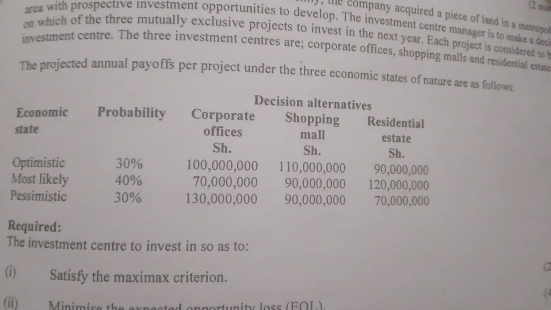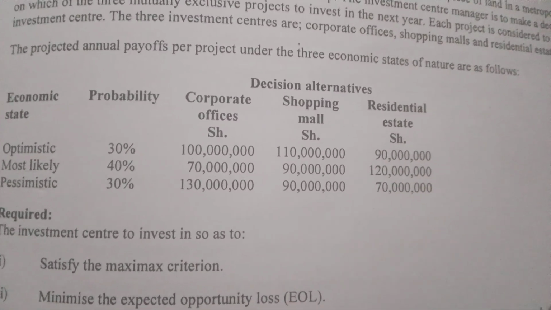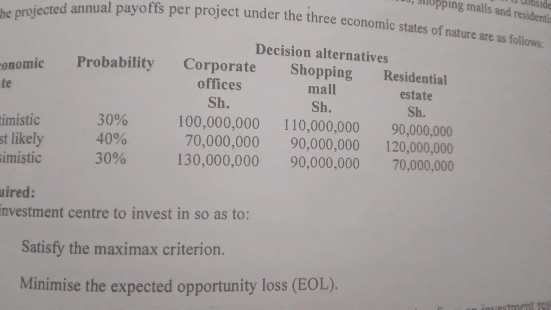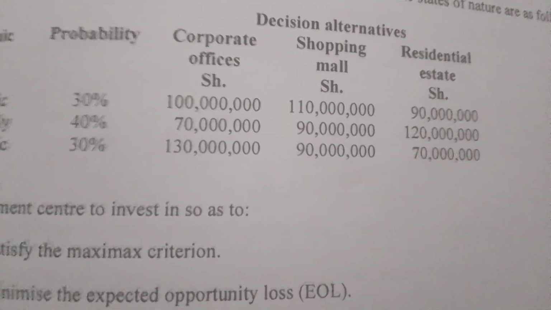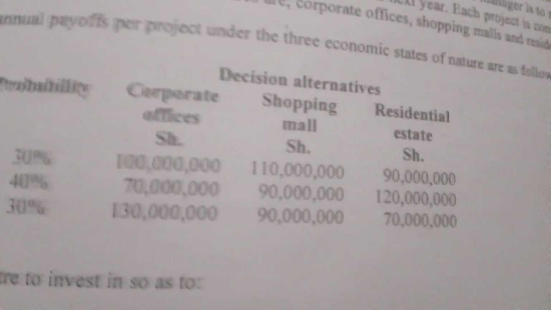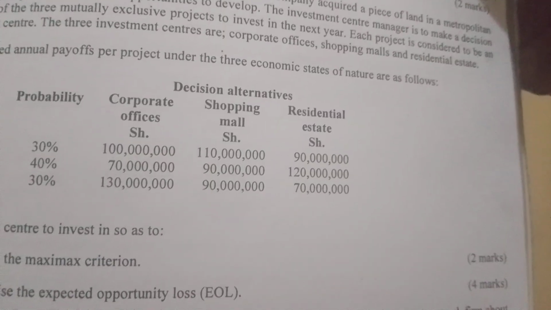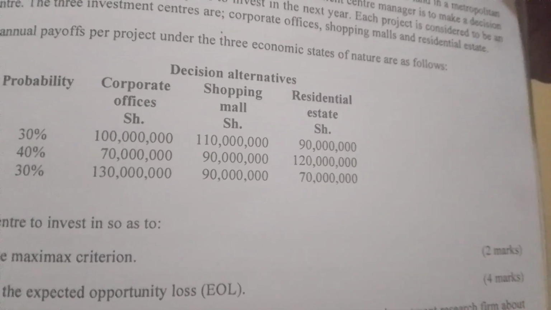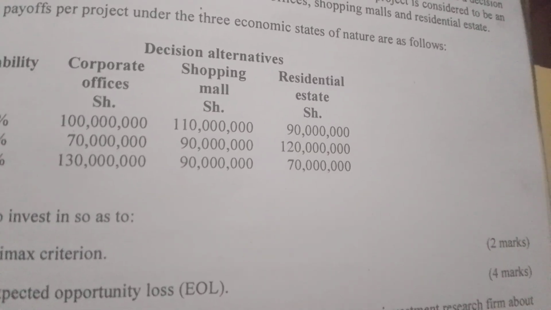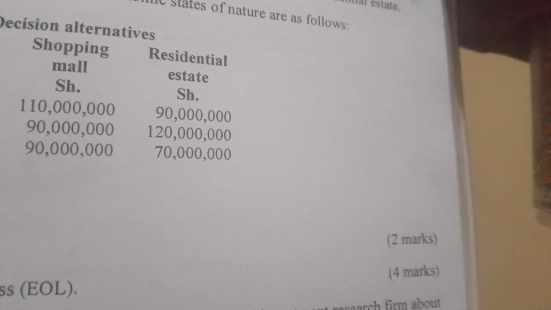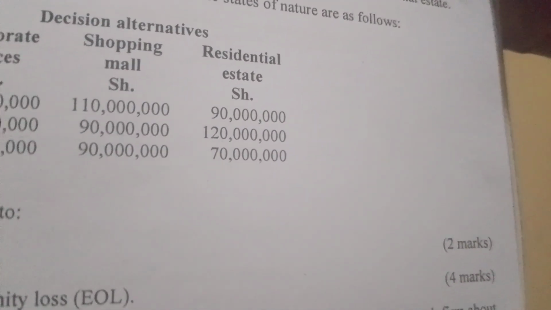We said 110 minus 100 million, you got 10 million. The next is 110 minus 110, which is 0. The next, 110 minus 90, which is 20.